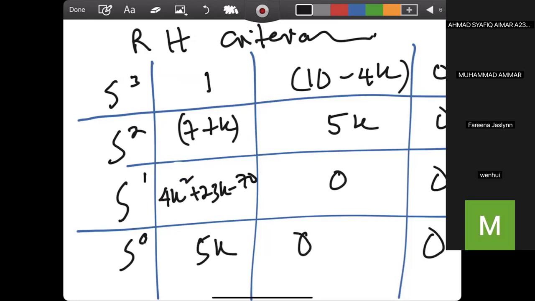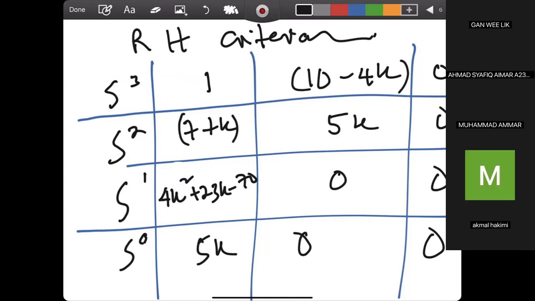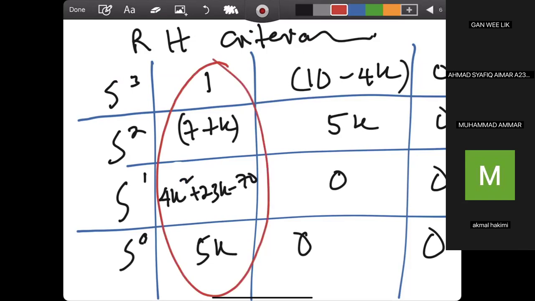What is the theory of the Routh-Hurwitz criterion for stability? The first column must be greater than 0.